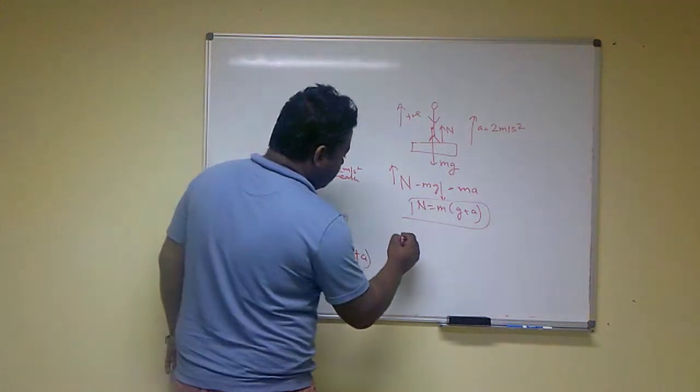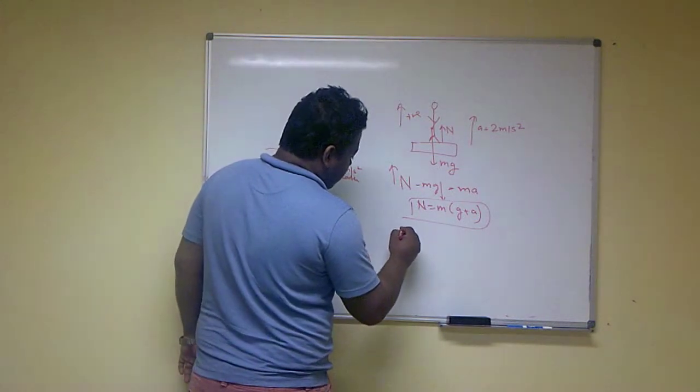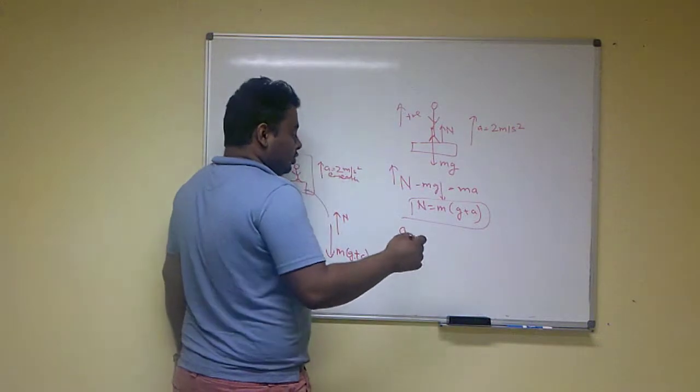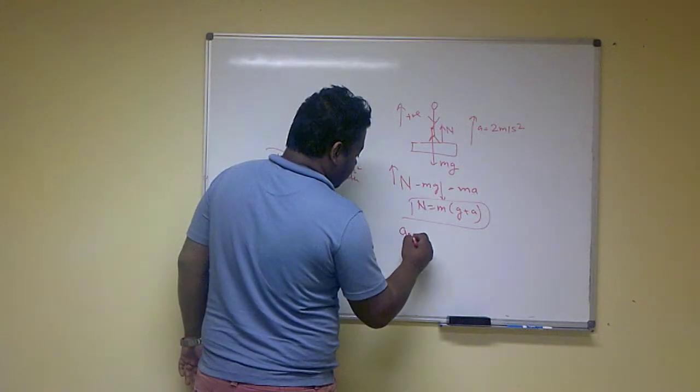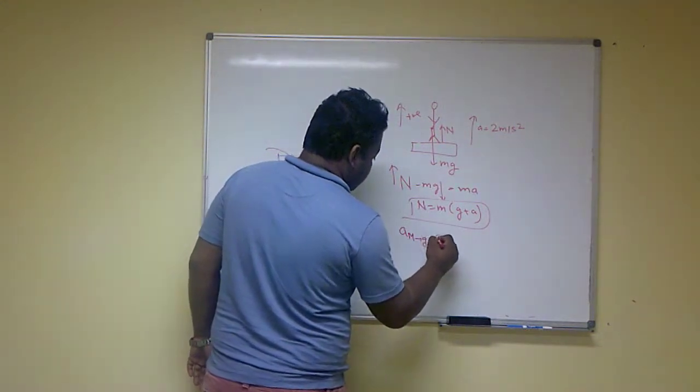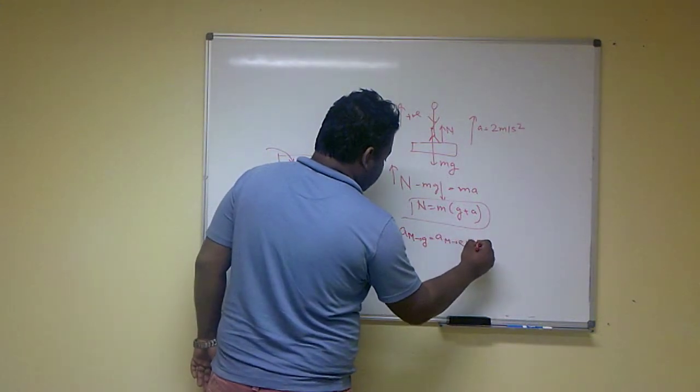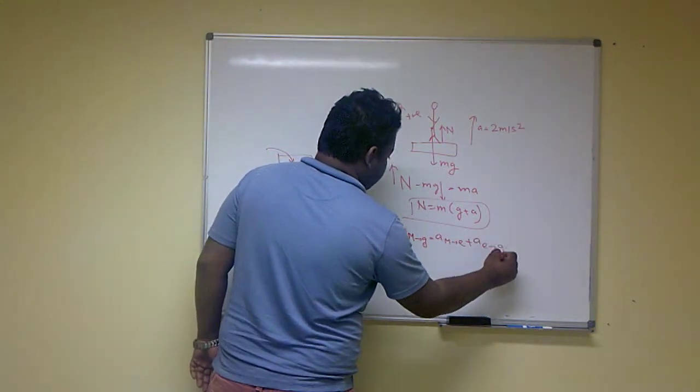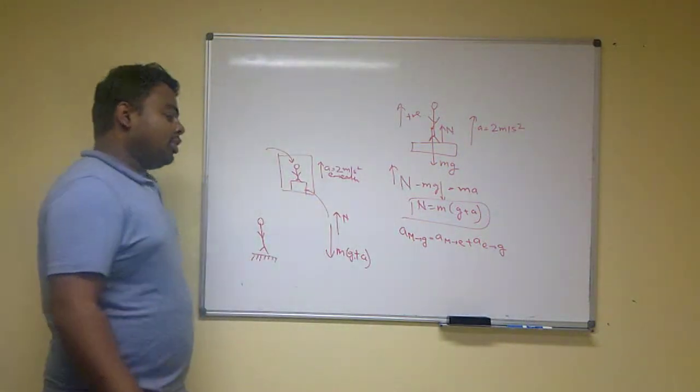So basically, what you are doing is trying to find acceleration due to gravity. Acceleration due to gravity is a of man with respect to ground, which is a of man with respect to elevator, plus a of elevator with respect to ground, right?